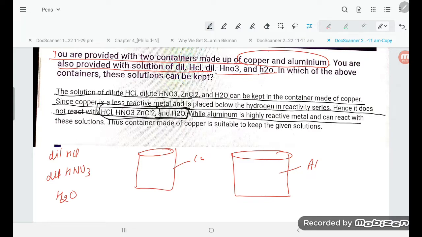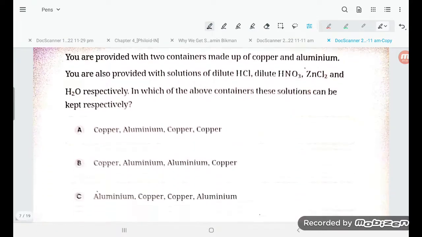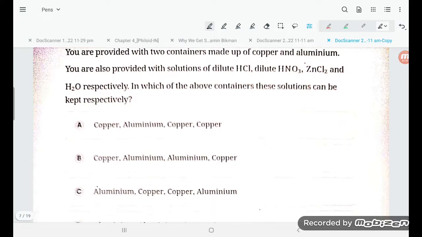While aluminum is a highly reactive metal, it can react with these solutions. Thus, the container made up of copper is suitable to keep the solution. Okay, this is what the answer is saying, students. But that answer is not, of course, the correct one.